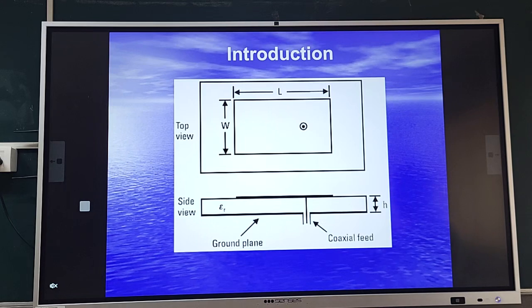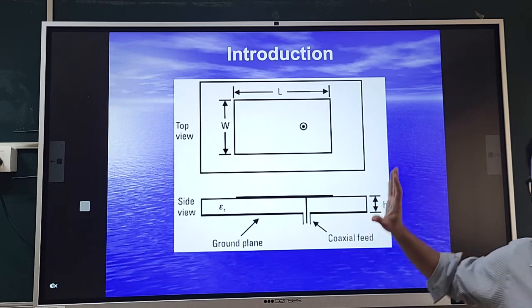C is equal to A epsilon naught epsilon r by d. d has increased, capacitance has reduced, the lines of force will get detached. So this is a crude way of explaining the radiation. There are better methodologies, and one of them is basically the magnetic dipole case. That we will see later, how to understand the magnetic dipole case radiation from the microstrip antenna.